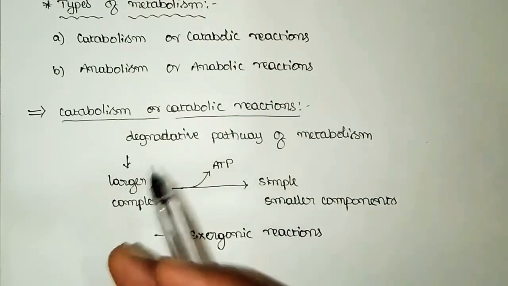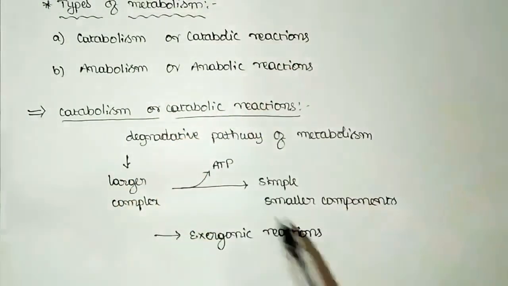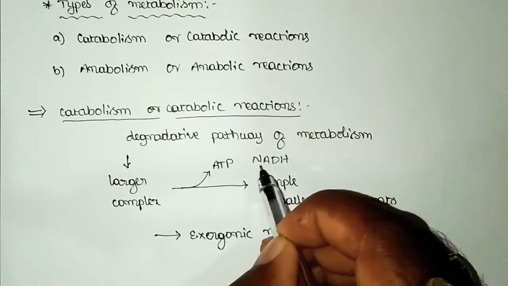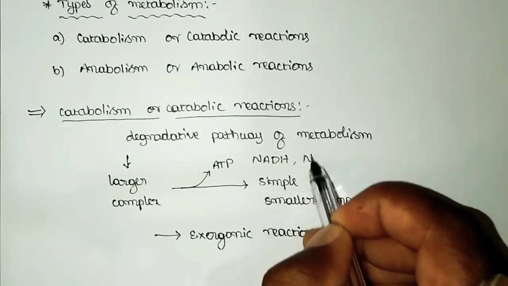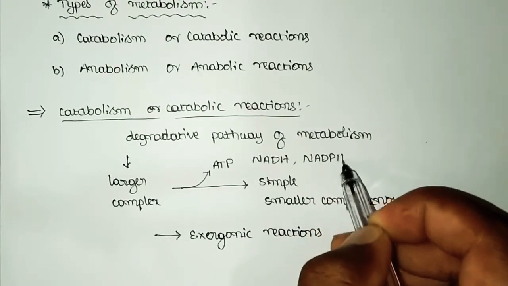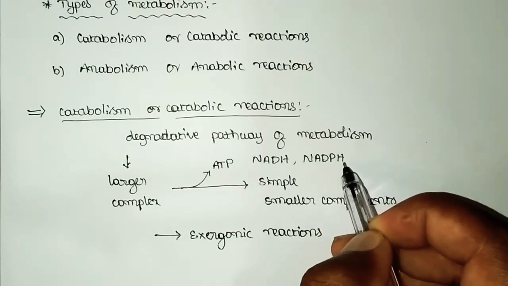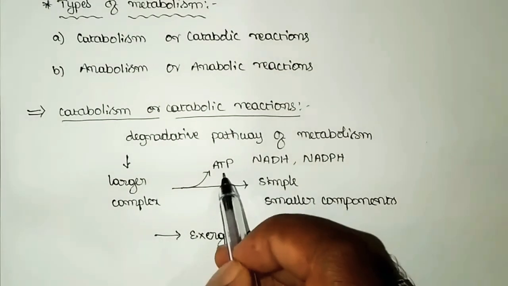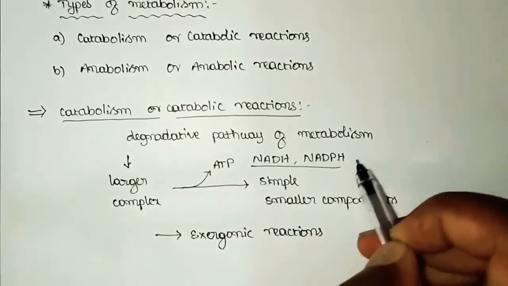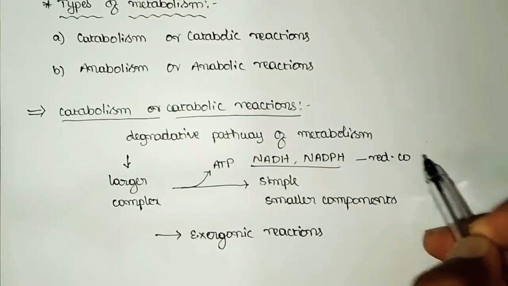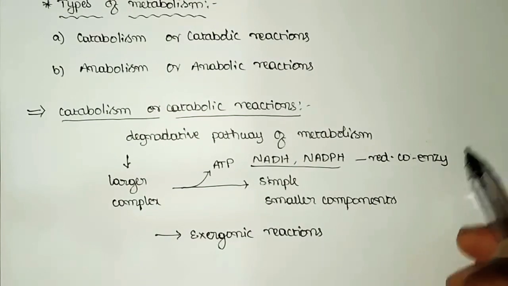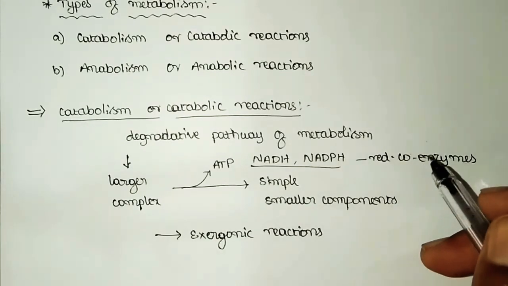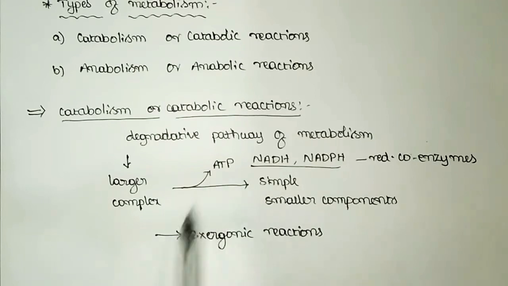Not only ATP, the energy can also be stored in the form of reduced coenzymes, that is NADH, nicotinamide adenine dinucleotide hydride, or NADPH, nicotinamide adenine dinucleotide phosphate, or in some cases FADH2, that is flavin adenine dinucleotide. So in either form, the released energy will be stored.